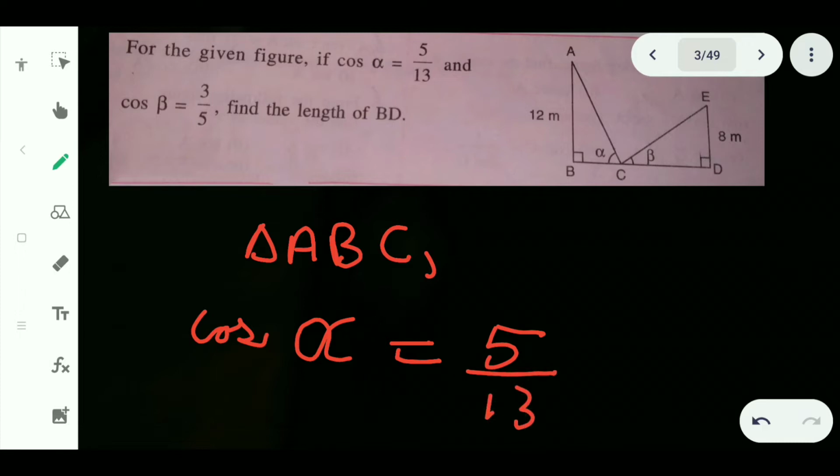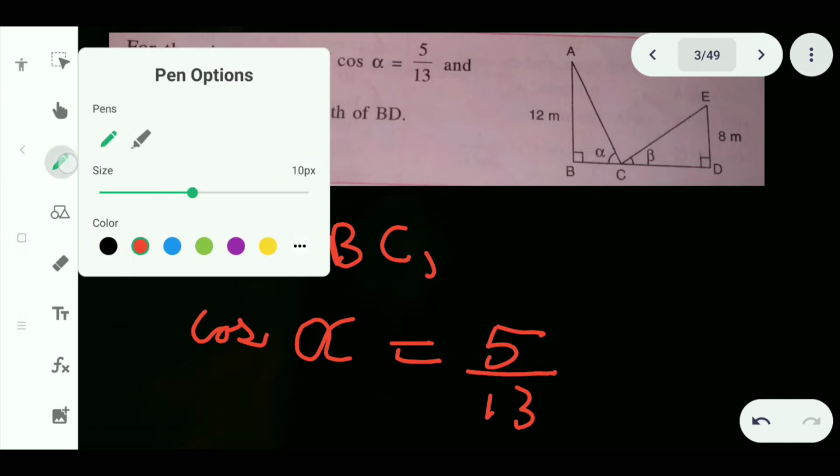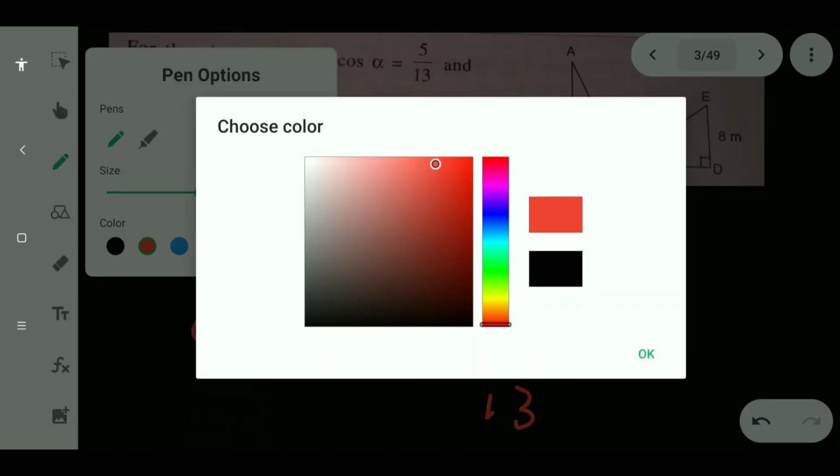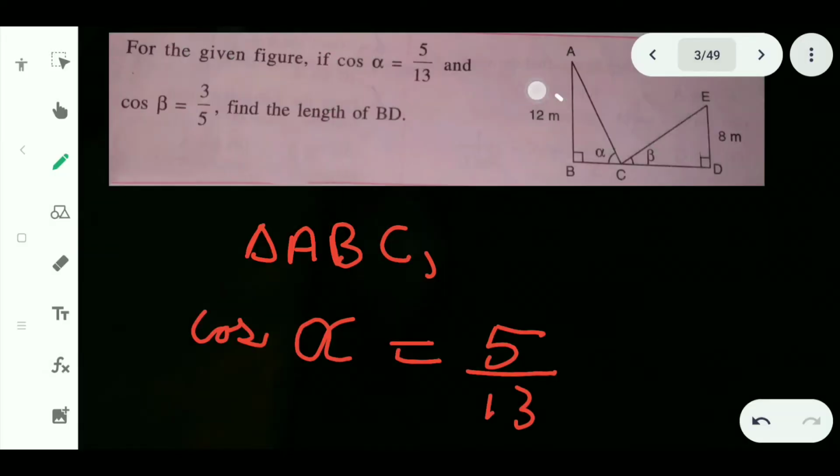You can observe in the triangle here, it is given a unit, that is nothing but meter over here. But in cos alpha it is not given any unit, so we have to understand it as a ratio. So what is cos of alpha? Cos of alpha is nothing but adjacent by hypotenuse, nothing but BC by AC.